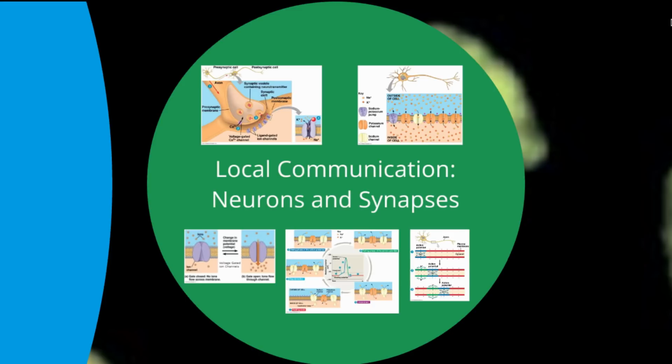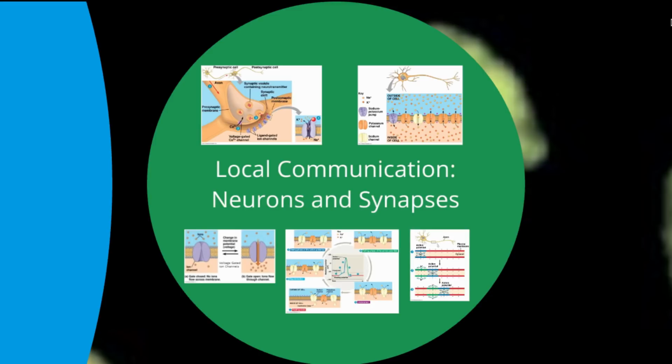Cells that are a little bit further apart, still very close but not actually touching, are an example of local communication that we would see in the nervous system with our neurons and the synapse, which is where the two cells come together. These two cells are very close to each other, but they are not actually touching each other.